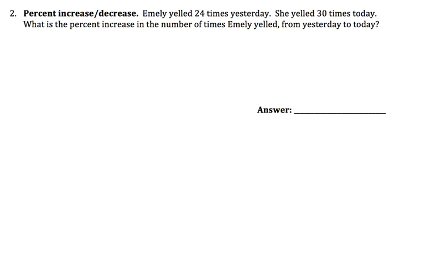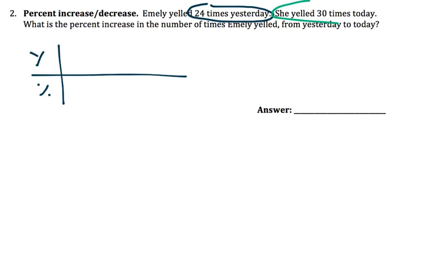Alright, so same type of problem. We have how many times Emily yells. Let's do Y for yells in a percent. And it wants to know the percent increase from yesterday to today. So here's yesterday, here's today, and we're going from yesterday to today, and it's going up.